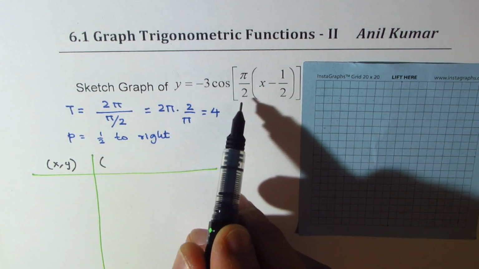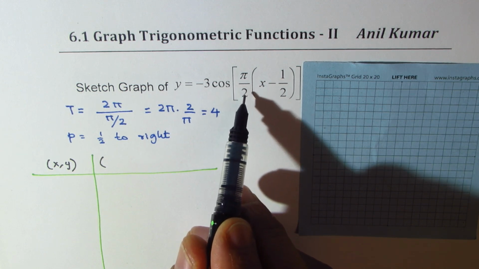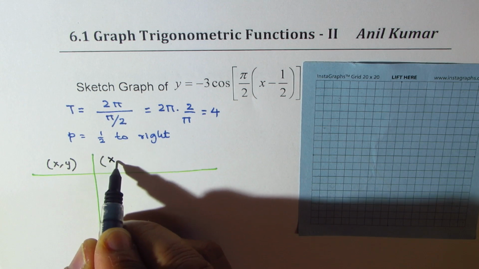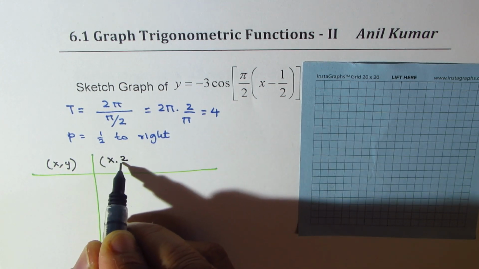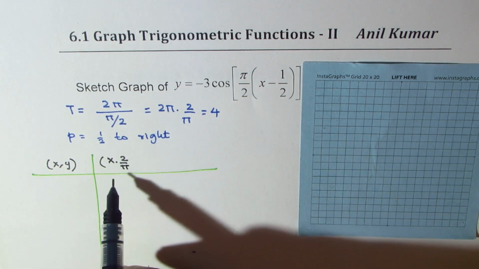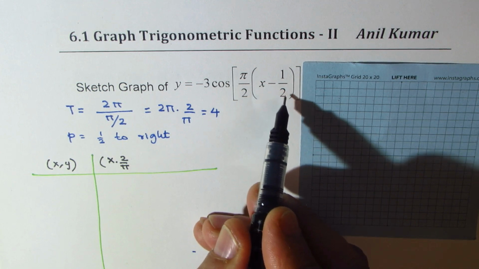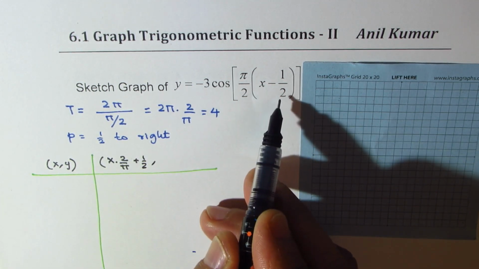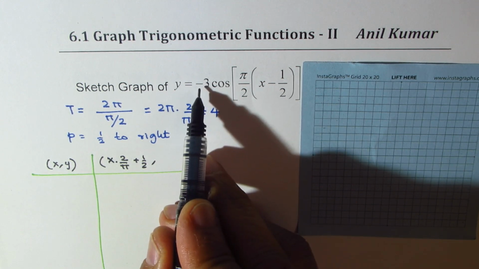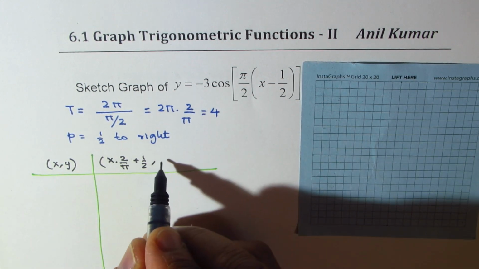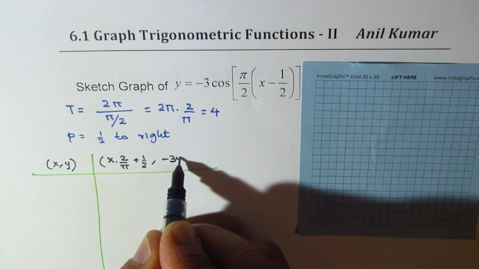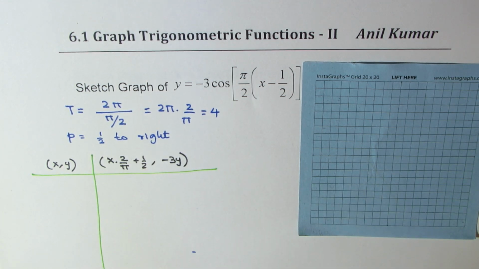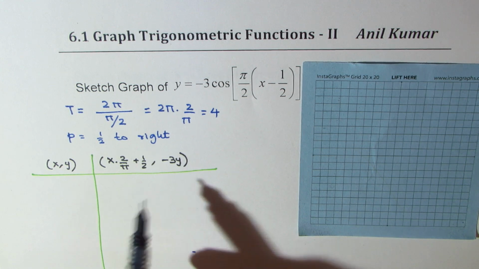Pi by 2. So the x value gets multiplied by this factor, so we can write x times 2 over pi, and then you have to add half. As far as the y value is concerned, it gets multiplied by minus 3. So this y value becomes minus 3 times the original y. That is the kind of transformation which we are looking for.